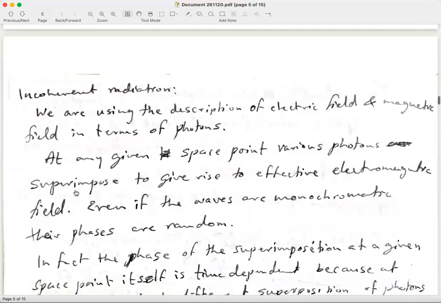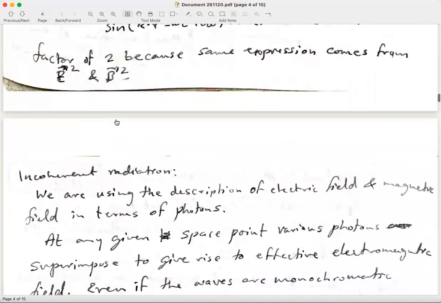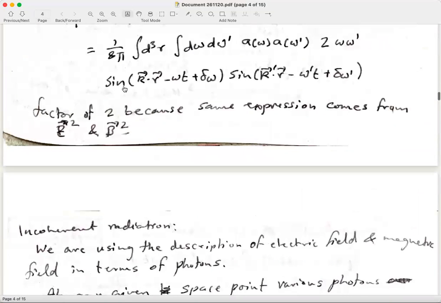First of all, there is 1 over 4 pi sitting around outside coming from this factor. Then when you do a sine squared integration, remember now omega prime is set to omega.